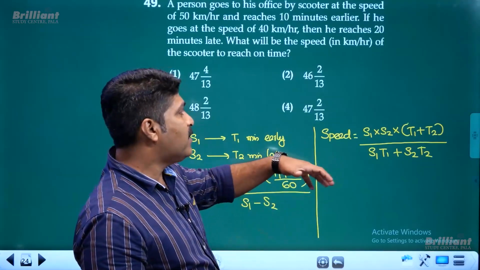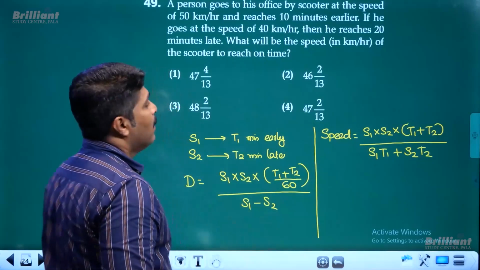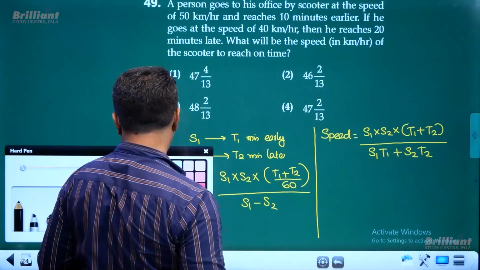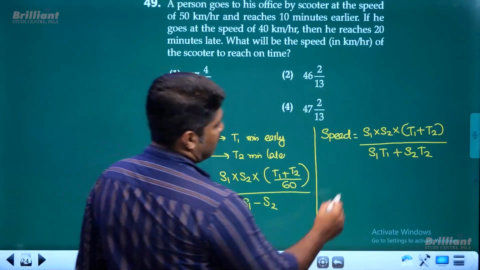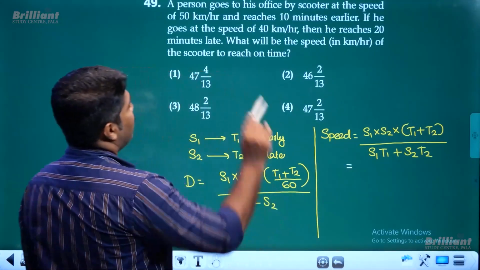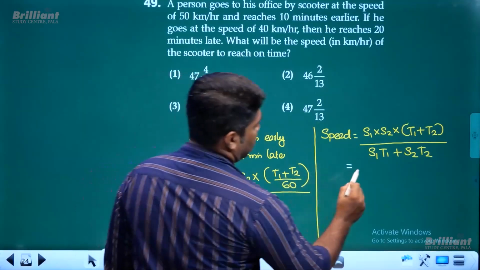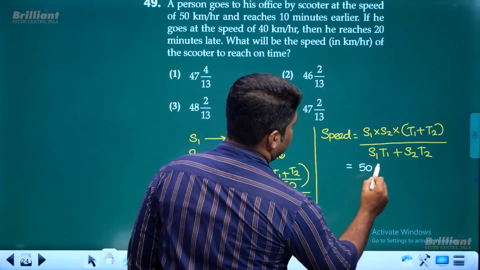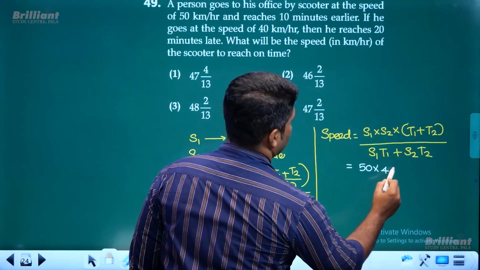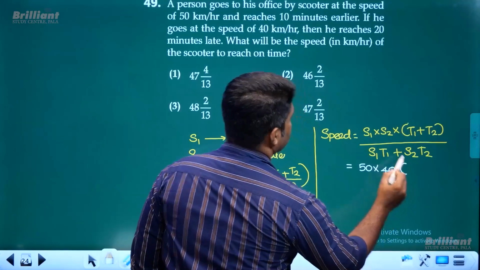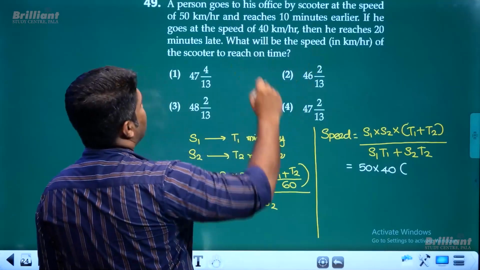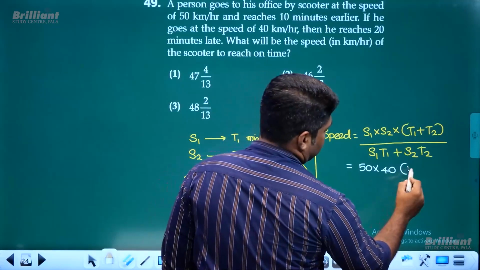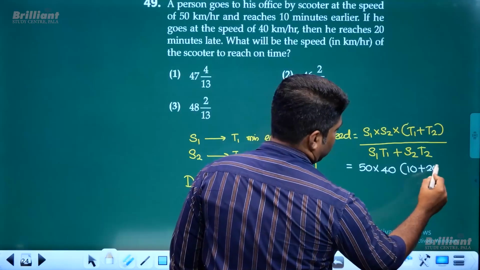So here we just substitute the values. The first speed is 50 km per hour, the second speed is 40 km per hour, and the time differences are 10 minutes and 20 minutes, so 10 plus 20.